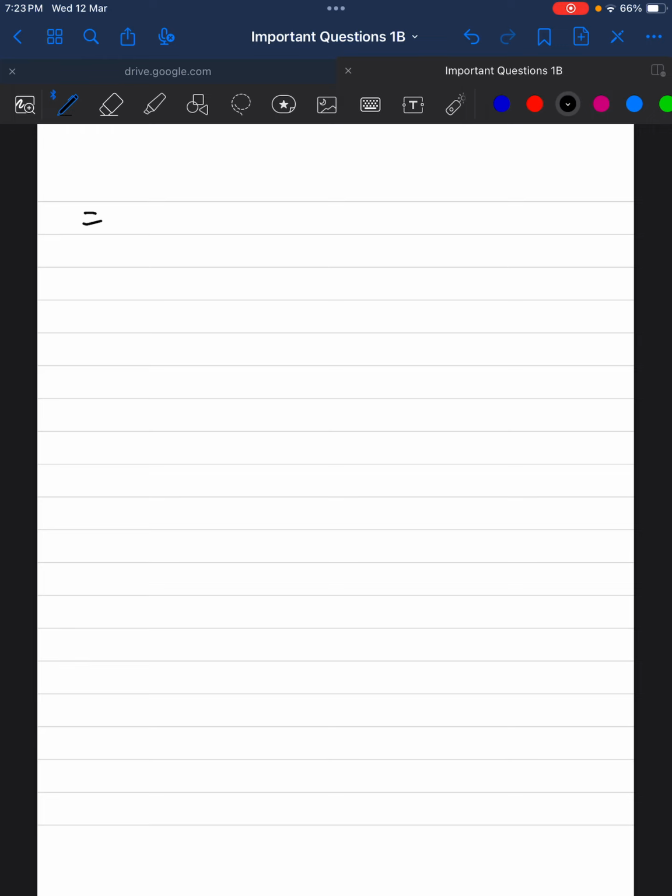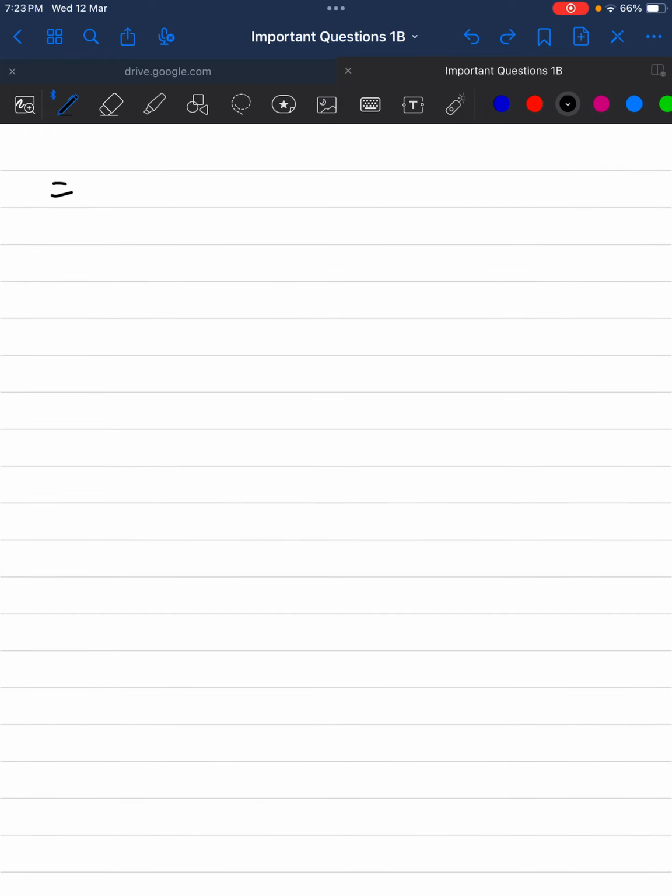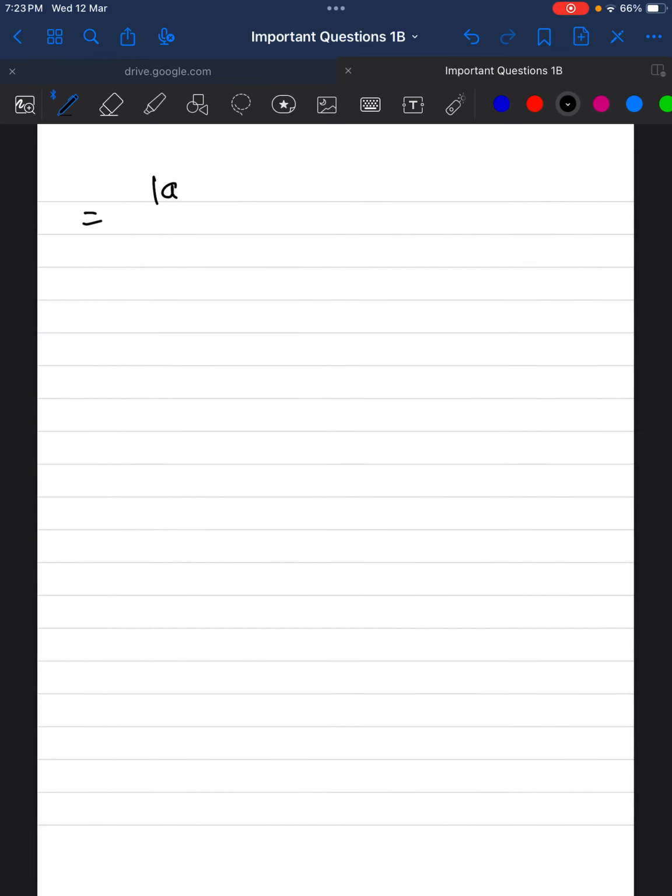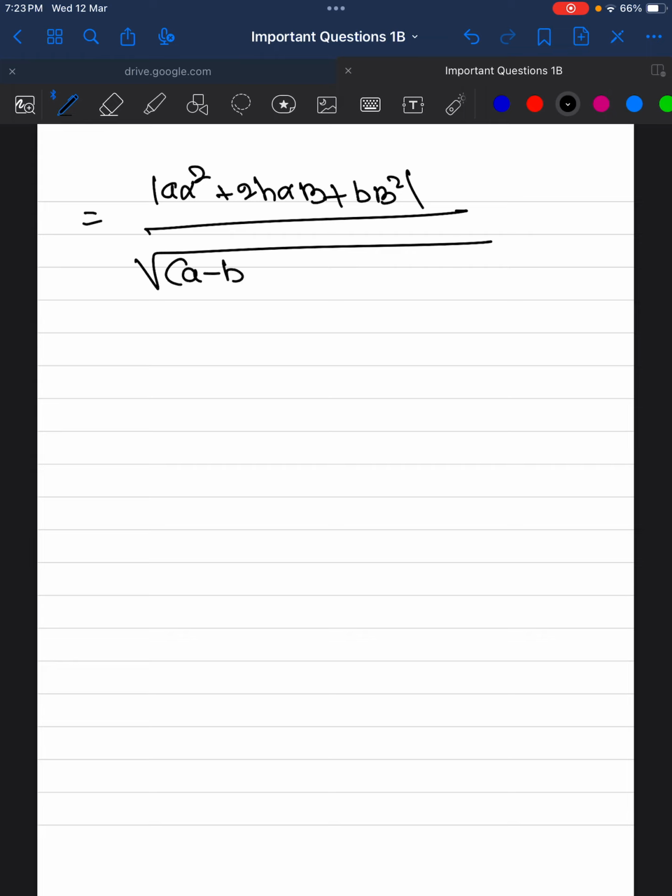Next step, modulus of A alpha square plus 2H alpha beta plus B beta square by root of A minus B whole square plus the remaining part, L1 M2 whole square plus L2 M1 whole square plus 2AB, which means 2 times L1 L2 M1 M2.